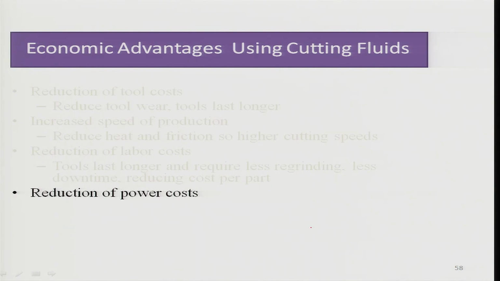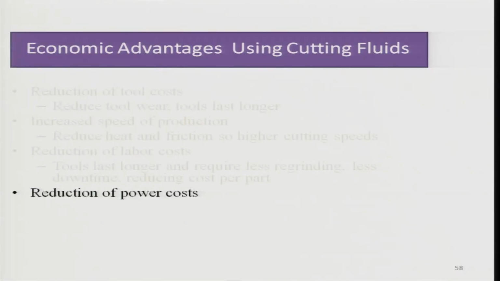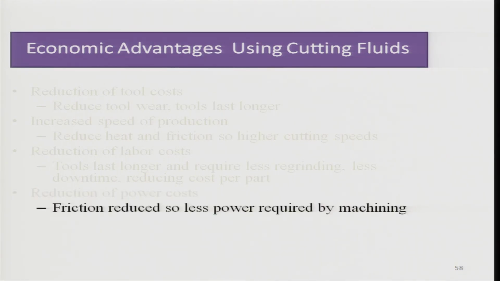Typically, if the cutting fluids are used as a lubricant, they ensure that there is a small layer between the tool and the workpiece, and obviously in that case the frictional effects are reduced quite a bit, so the frictional dissipation would also be reduced. And then finally, because of the reduced friction, less power could be required for machining.